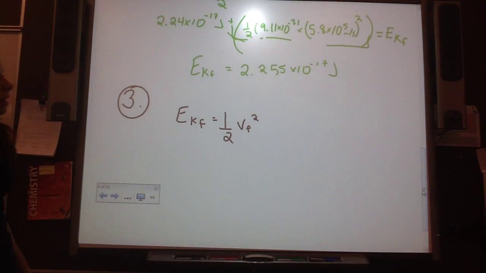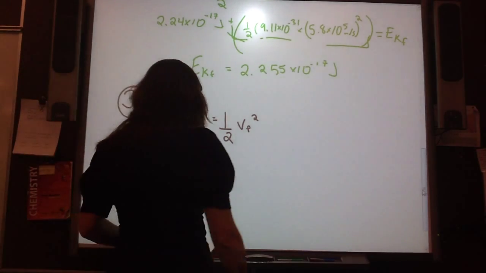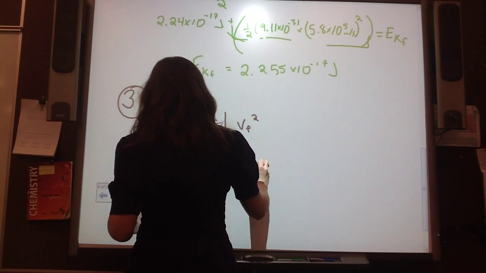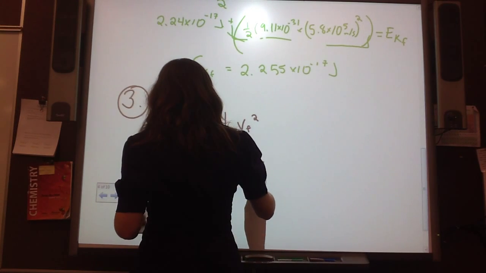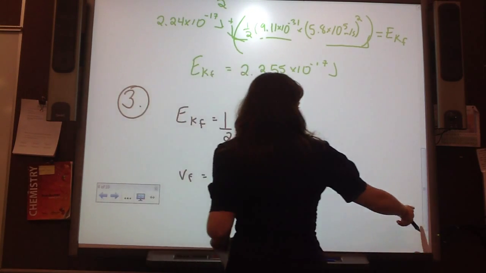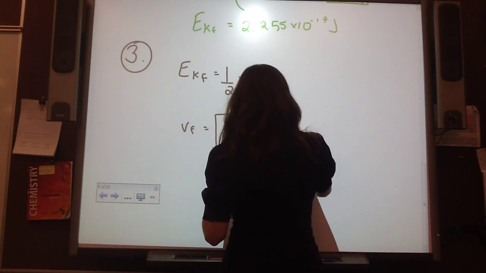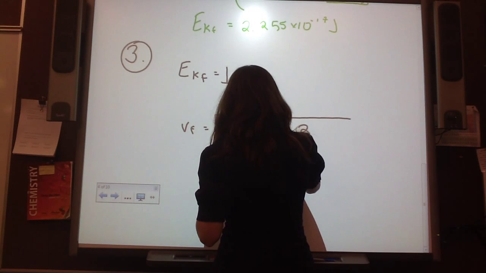So then the last step is to take that final kinetic energy and solve for VF. Your VF is the square root of 2 EK over m. And that's EK.